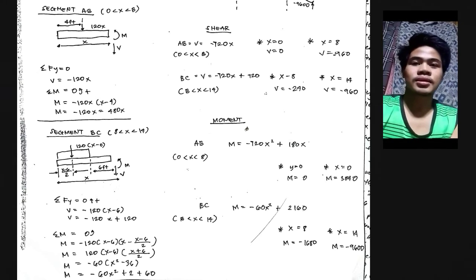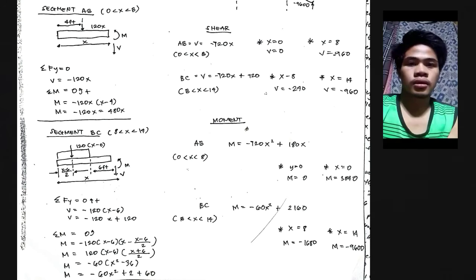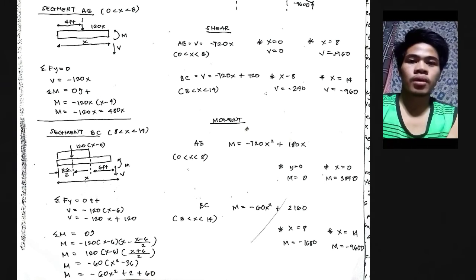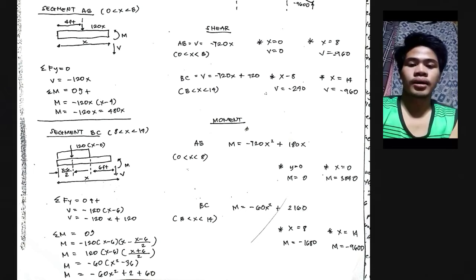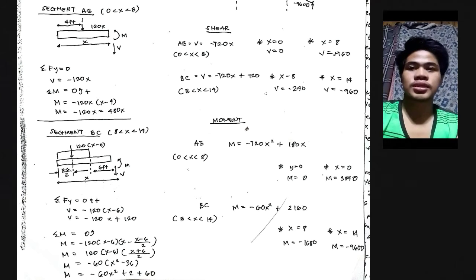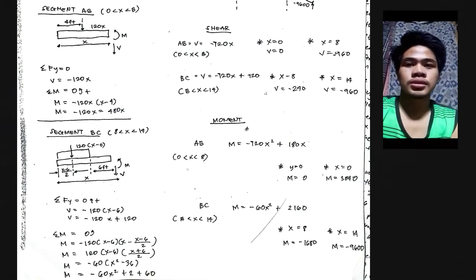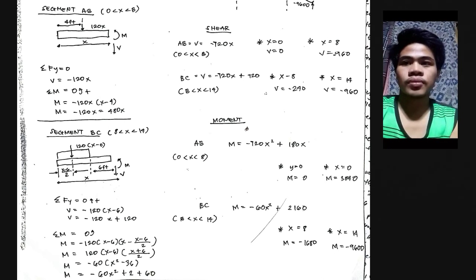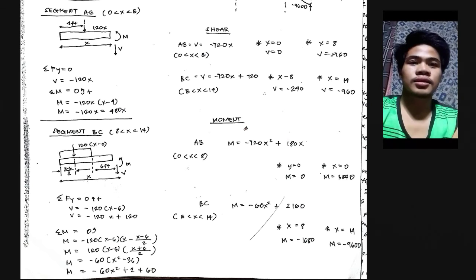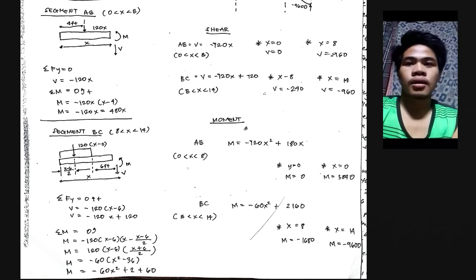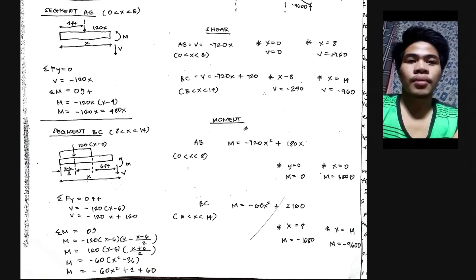For the segment BC, here we have the total length of the beam. We have 120 multiplied by x minus 6, since we set the distance from the side of the beam to the side of the rectangular load as 6 feet, and by setting the total length as x, we get the equation for the distributed load of 120 multiplied by x minus 6.